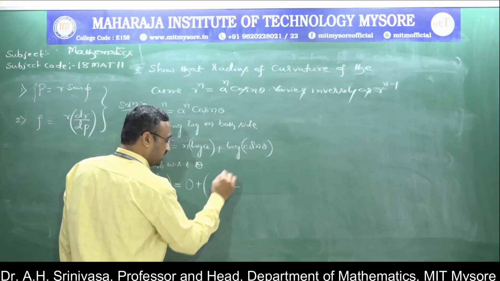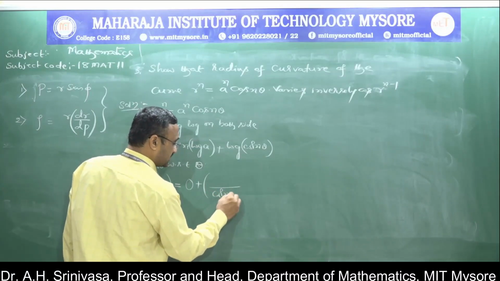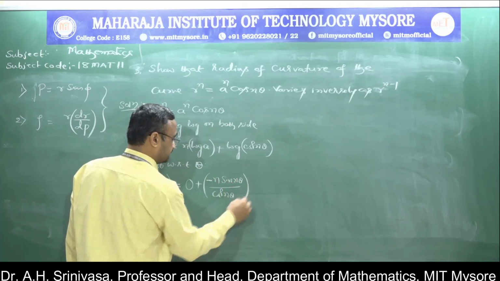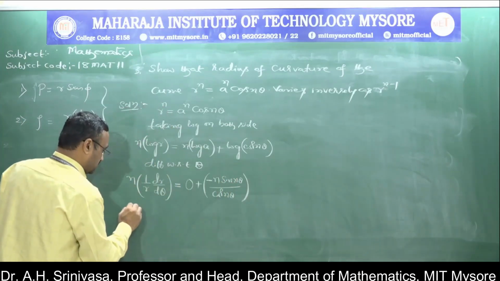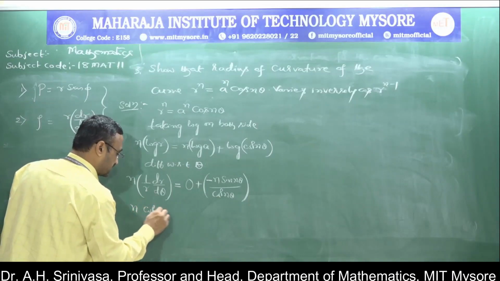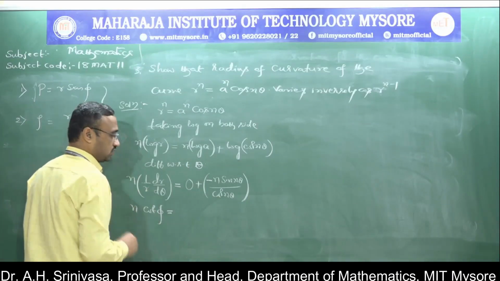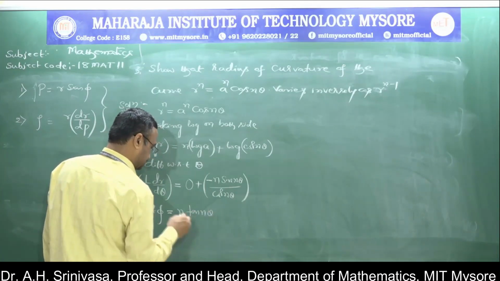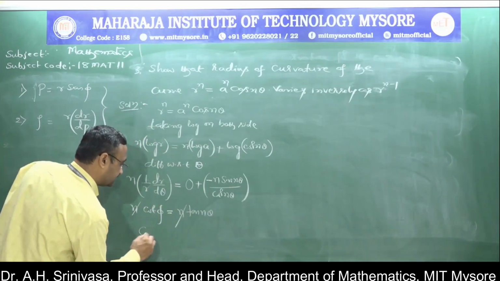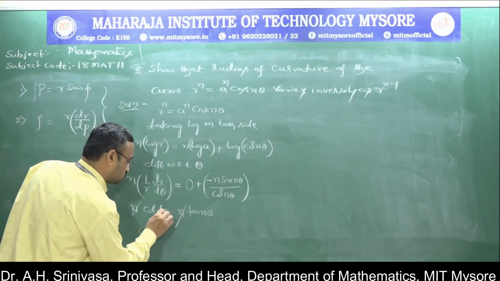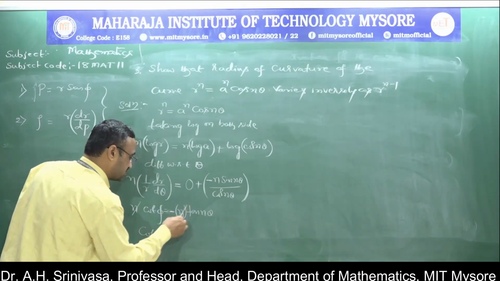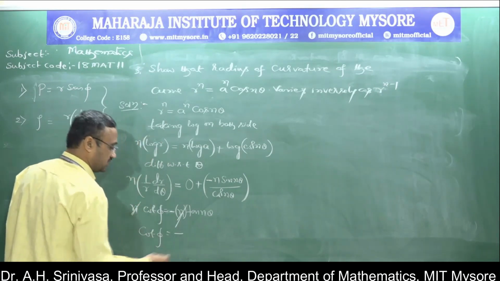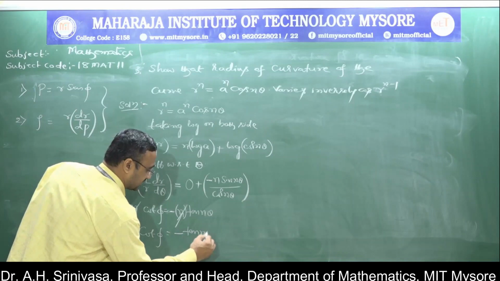It comes to 1 over cos nθ times minus n sin nθ. Then n times, simply we can write as cot phi, equal to minus n tan nθ. Now these two n will be cancelled, then cot phi equals minus tan nθ.